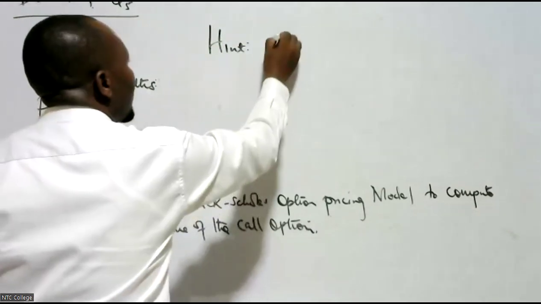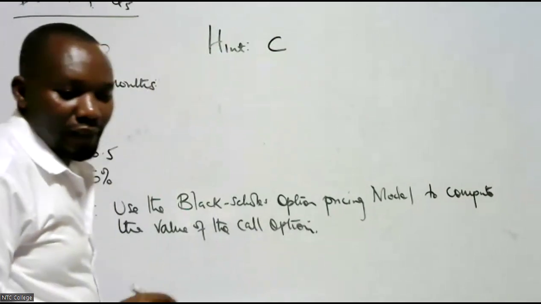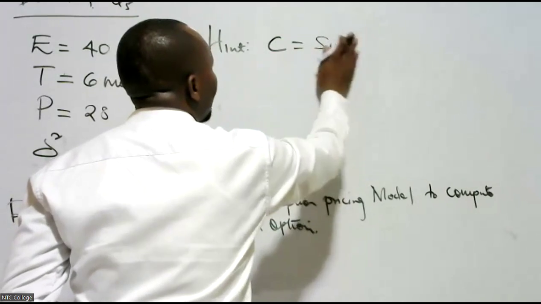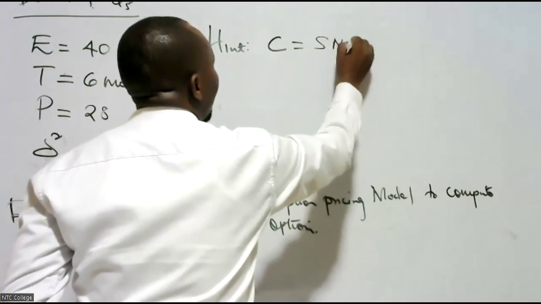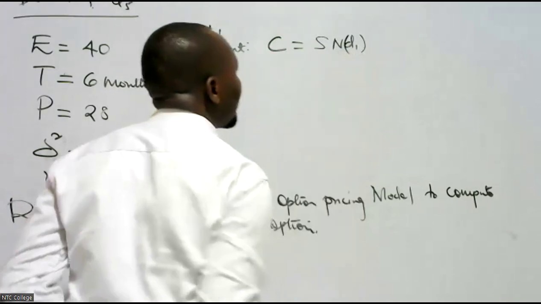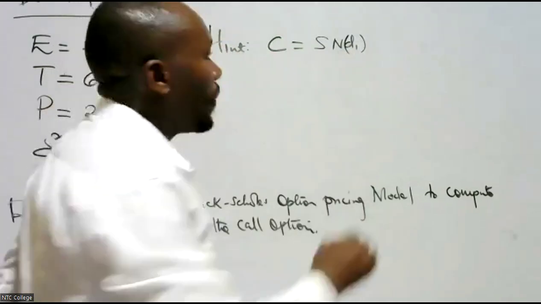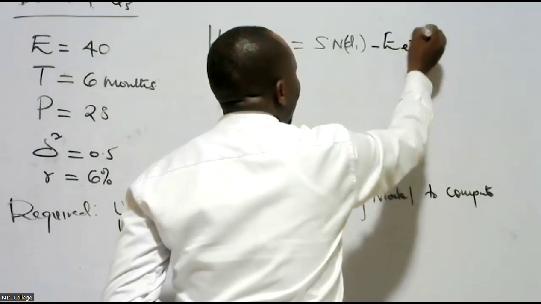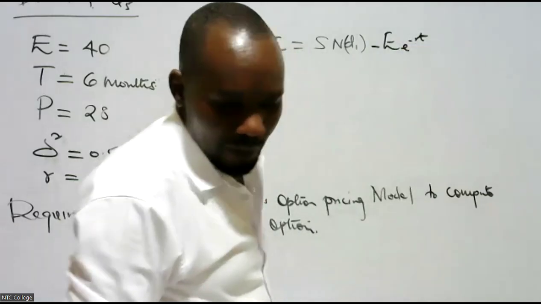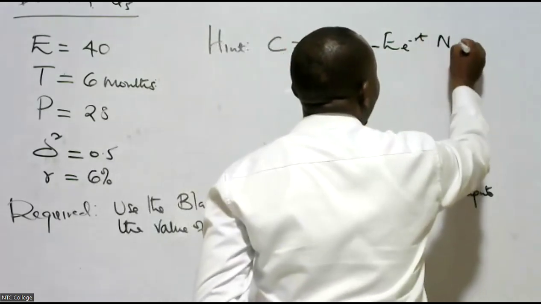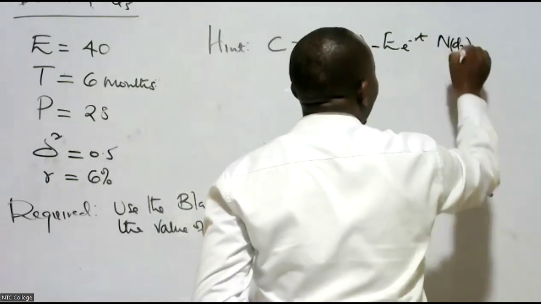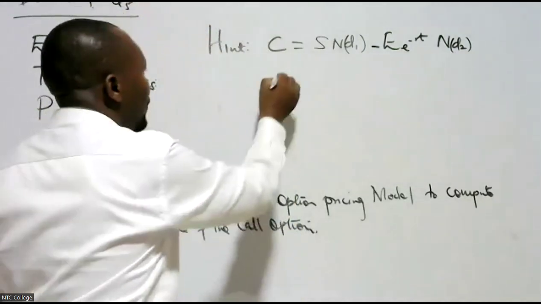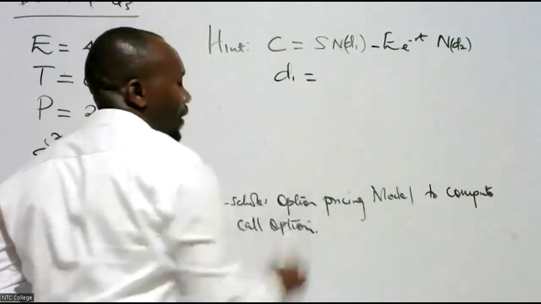Then the secret is that C, which is the call option, is equal to S N(D1) minus E N(D2). Then they have also given D1.